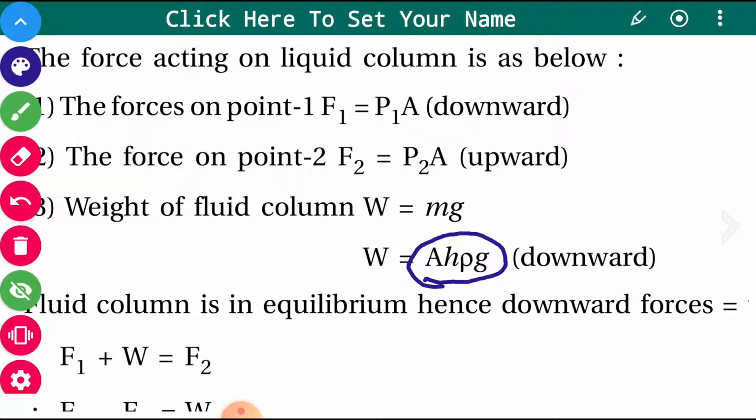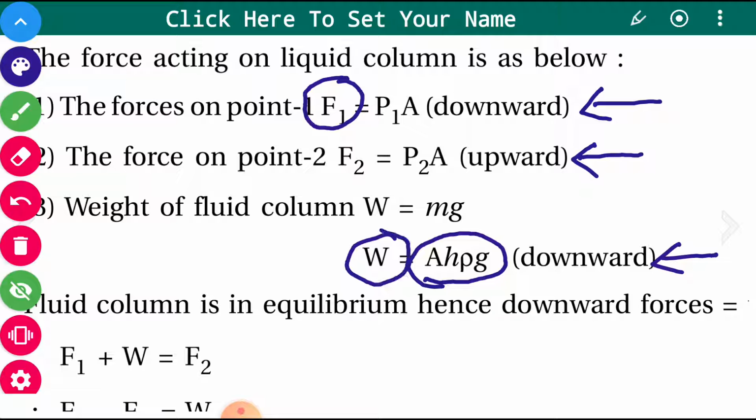Now see, the first force is in the downward direction, this force is also in the downward direction, and this force is in the upward direction. So the resultant force of F1 and W must be balanced by the force F2.